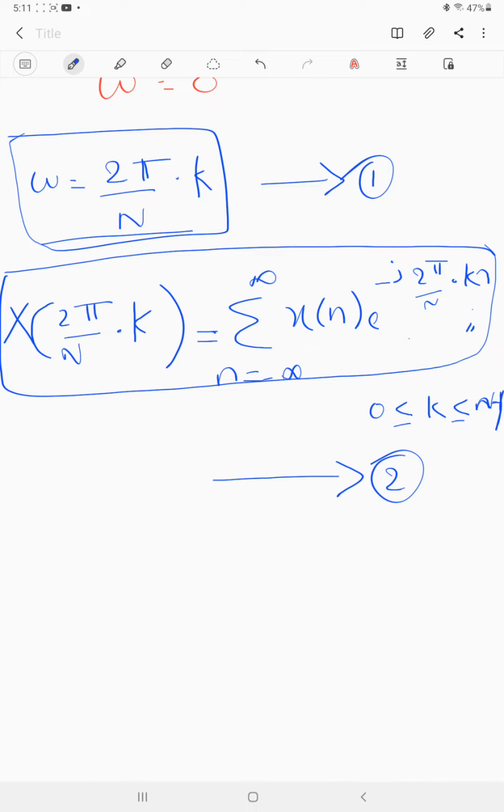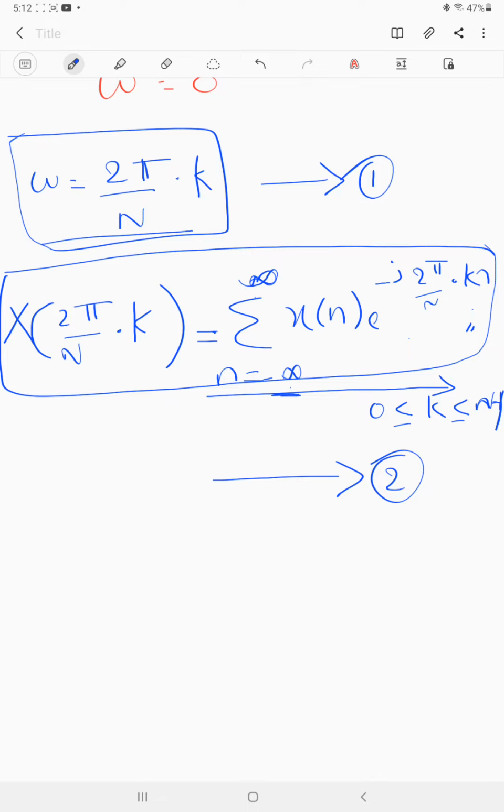If you observe the equation, this total term represents the summation from minus infinity to infinity. It may have an infinite number of summations.